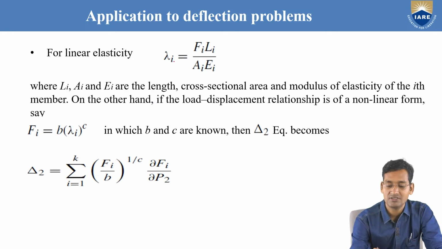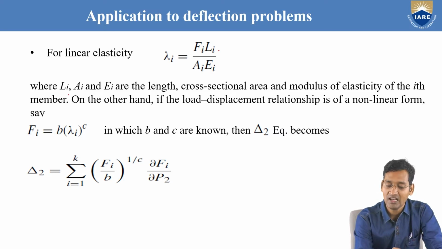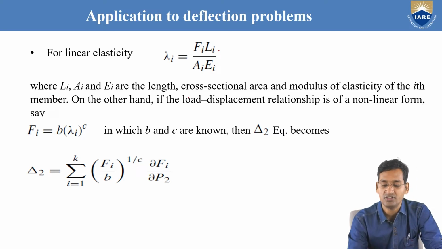Here, for linear elasticity, lambda i equals Fi Li by Ai Ei, where Li, Ai and Ei are the length, cross-sectional area and modulus of elasticity of the ith member.